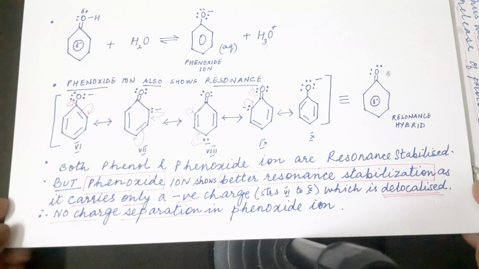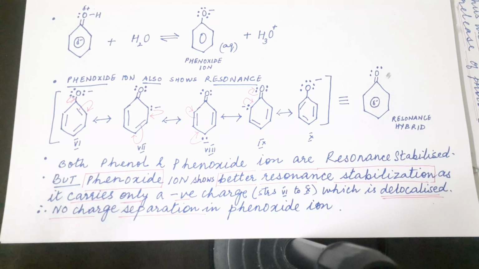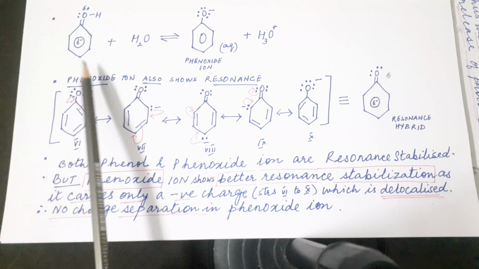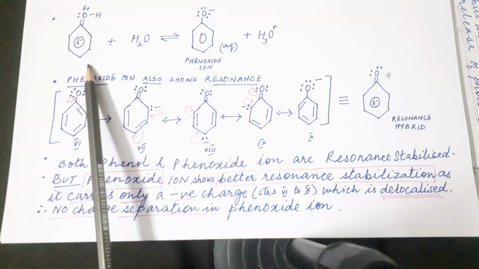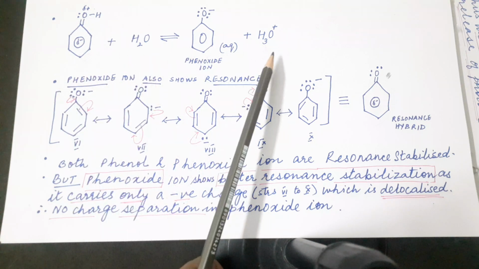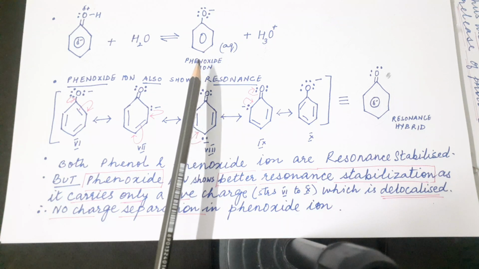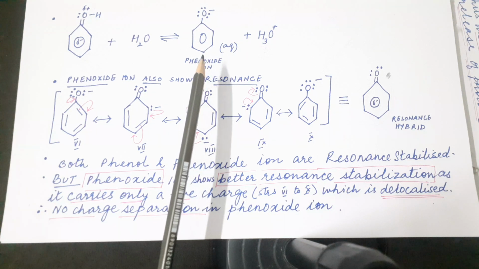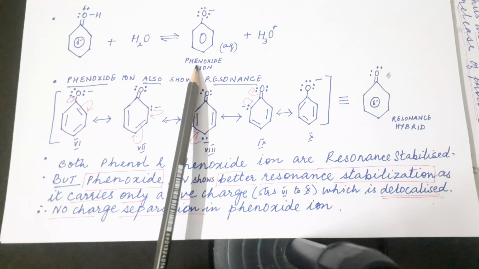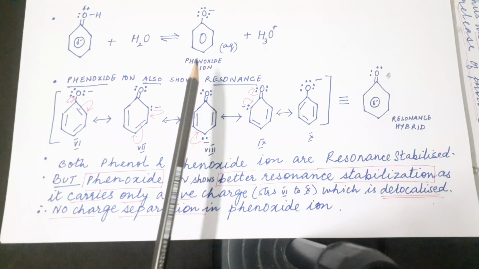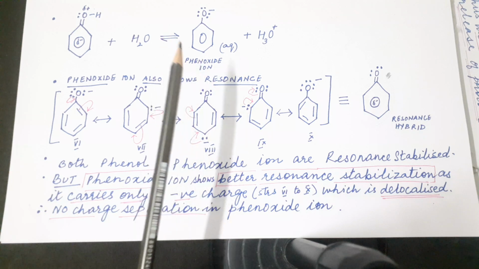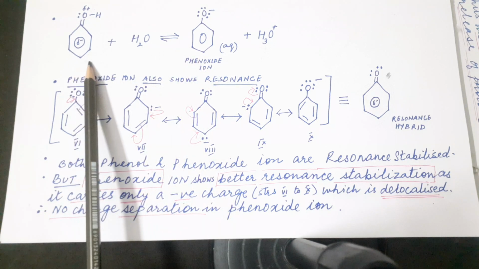But the explanation for acidic character of phenols doesn't stop here. So this is an equation which is indicating phenol in aqueous medium releasing a proton H plus and forming the phenoxide ion. The acidic character of phenol will be established once I establish that phenoxide ion has a better stabilization or has greater stability than phenol.